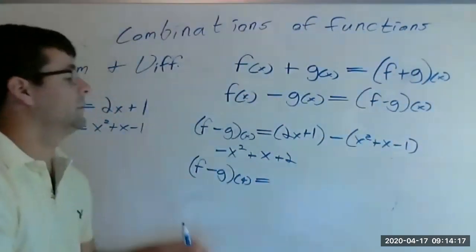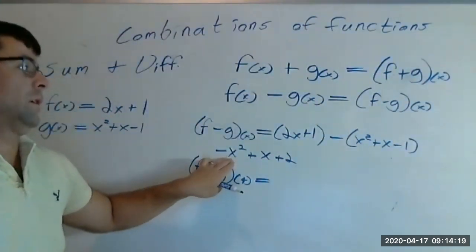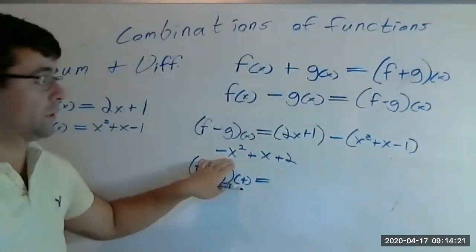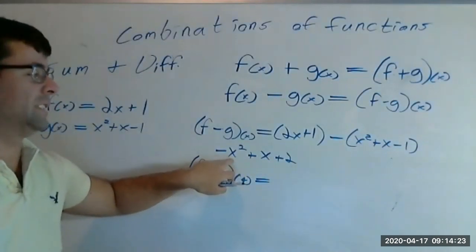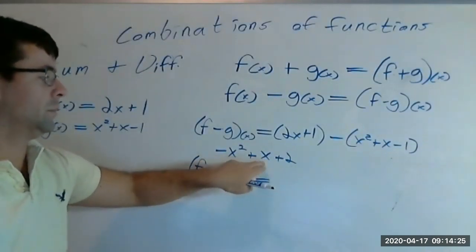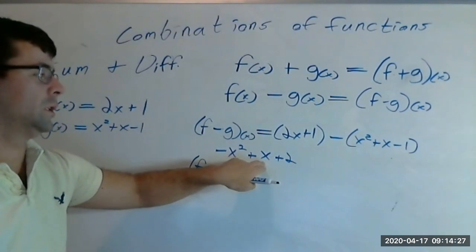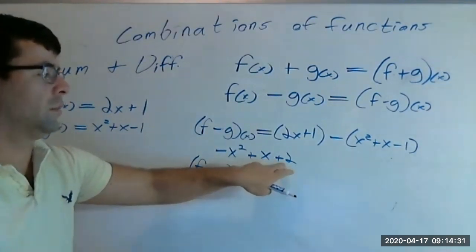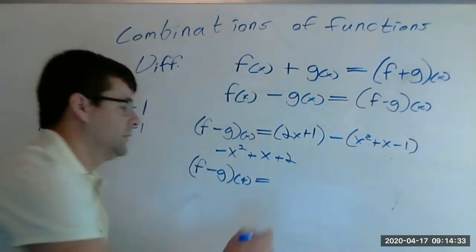Negative 4 squared is negative 16. Plus 4 is negative 12. Plus 2 is negative 10.